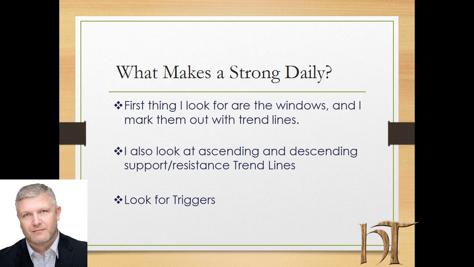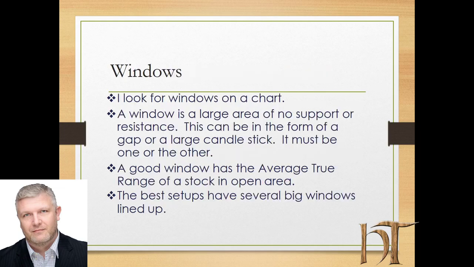Okay, but we'll look at that again in just a second. So windows are very important. I look for windows on a chart. A window is a large area with either no support or no resistance.